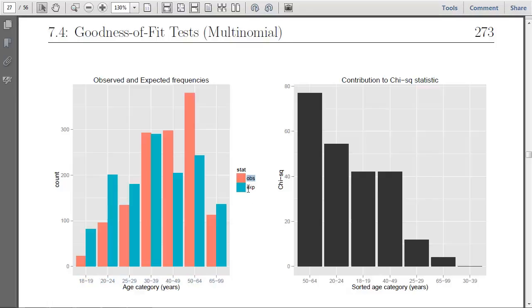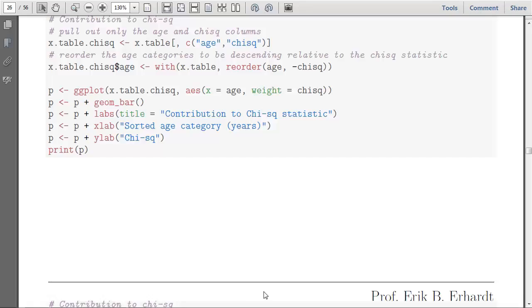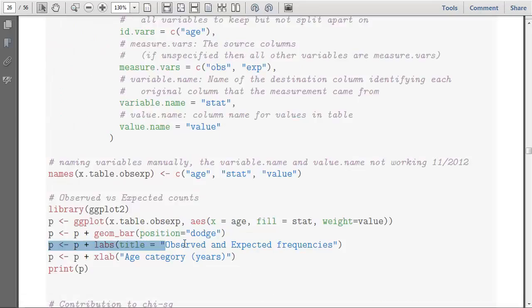We have the statistic, which are different colors, and the heights are the frequencies. So that's what created the plot. In the last couple lines there, we're just labeling the title and giving a better label for the x-axis. So if I page back up, these are the last 2 lines that I ignored before. So just labeling the plot.